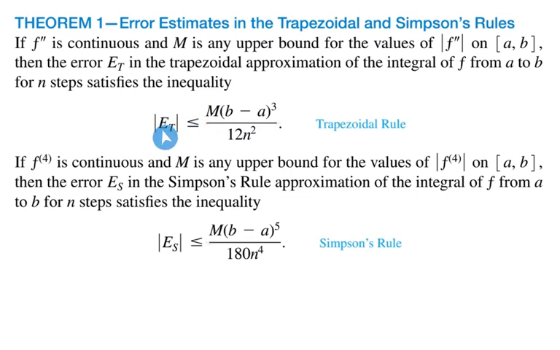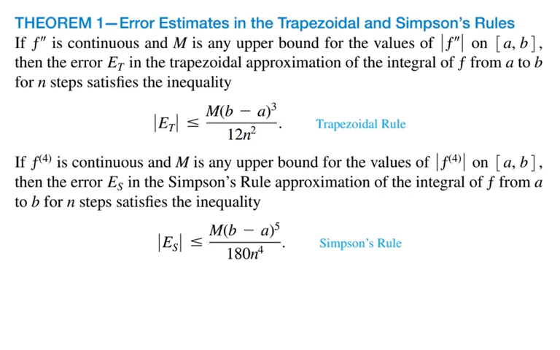E sub t, my trapezoidal error, is less than or equal to the upper bound M times the difference of my integration bounds cubed, divided by 12 n squared, where n is the number of steps.